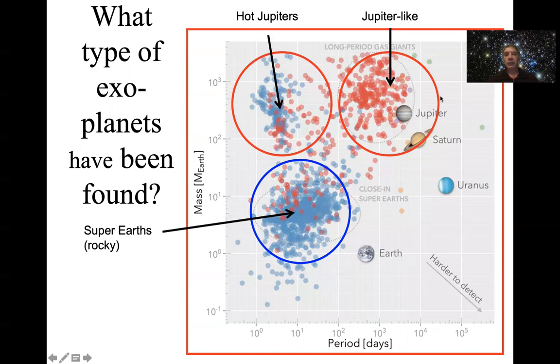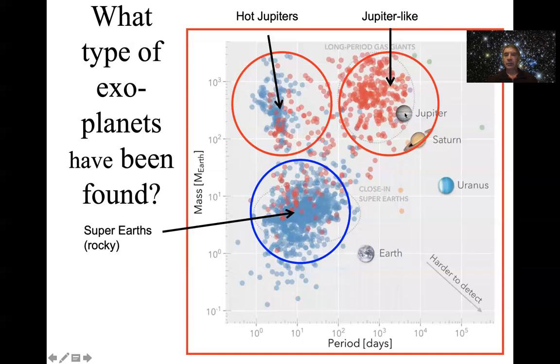And for both techniques, if you want to find planets that are a long way from their star, their period is long, so you just have to wait a long time before you can pick them up. Here's the period of Jupiter at about 3,000 days, so about 12 years.